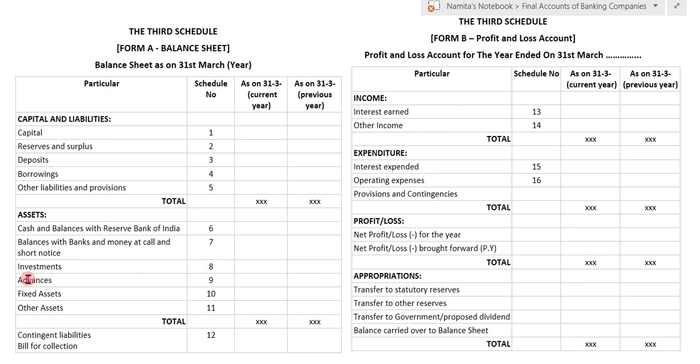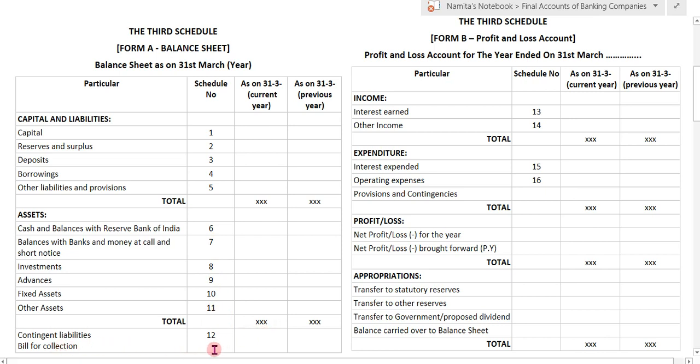Next, balances with banks and money at call and short notice, schedule number 7. Next is schedule number 8, investments. Advances, schedule number 9. Fixed assets, schedule number 10. Other assets, schedule number 11. So the total of all these 6 schedules of assets will be written in this column.